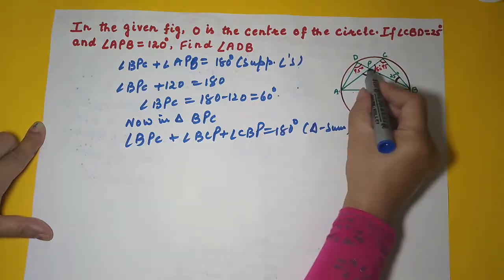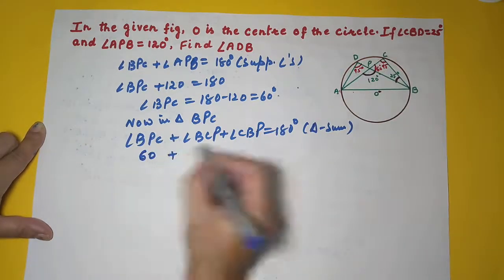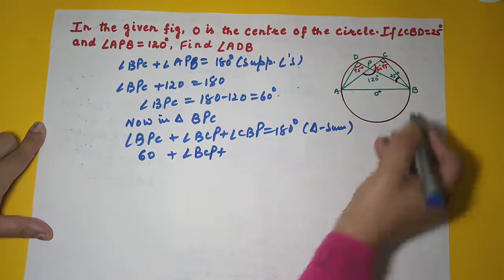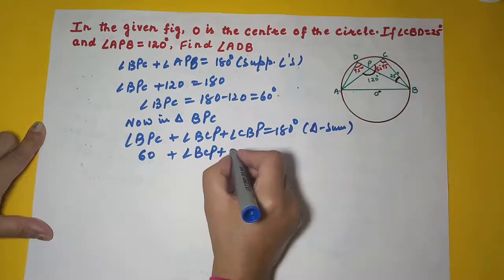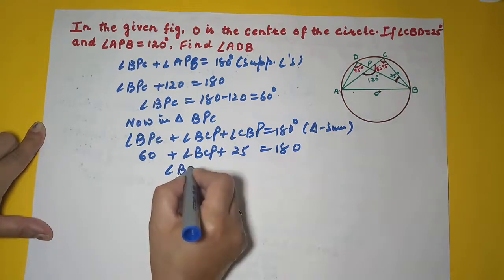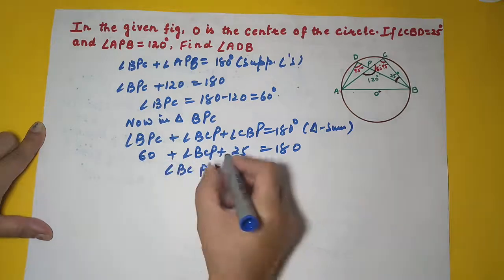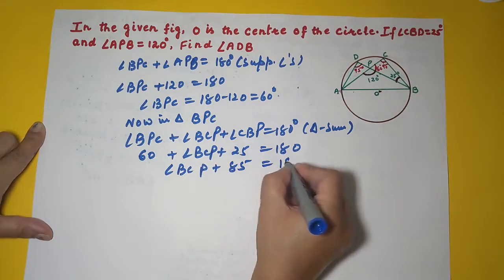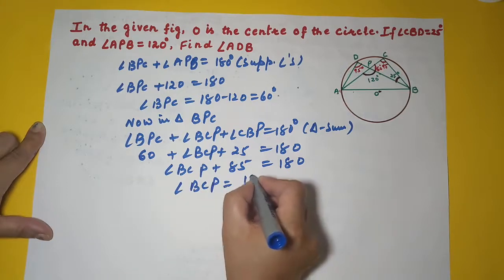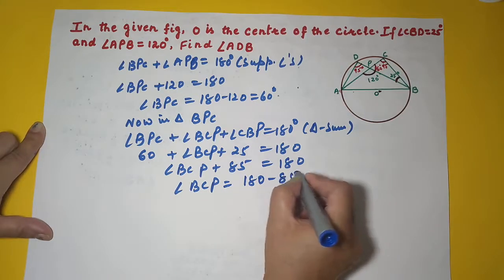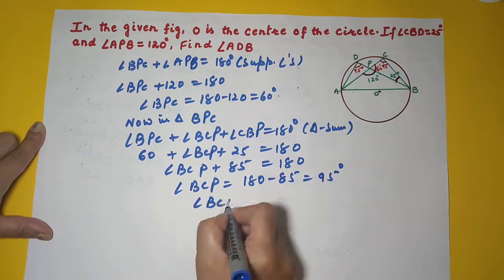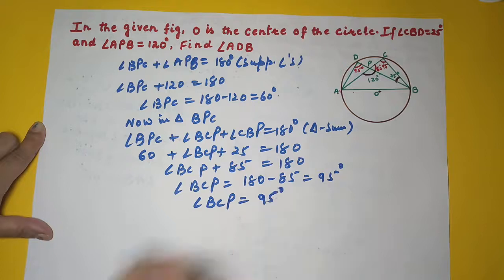BPC is 60, BCP you don't know, CBP is 25, equals 180. So your angle BCP plus 25 plus 60, which is 85, is 180. So you have calculated angle BCP as 180 minus 85, which is 95 degrees. So your angle BCP is equal to 95 degrees.